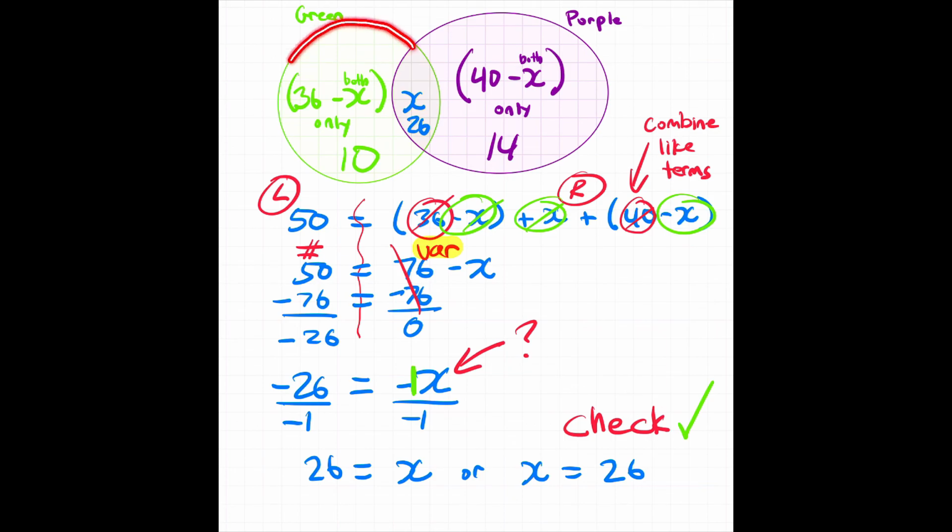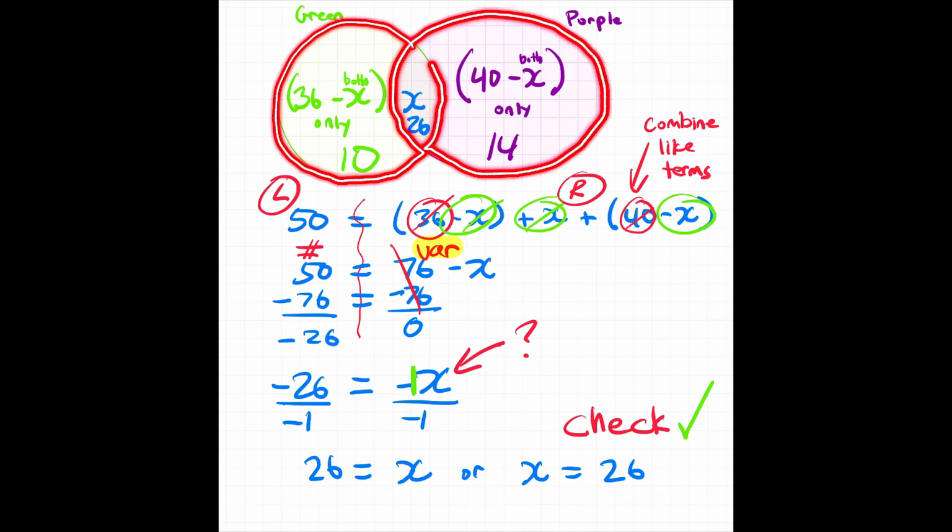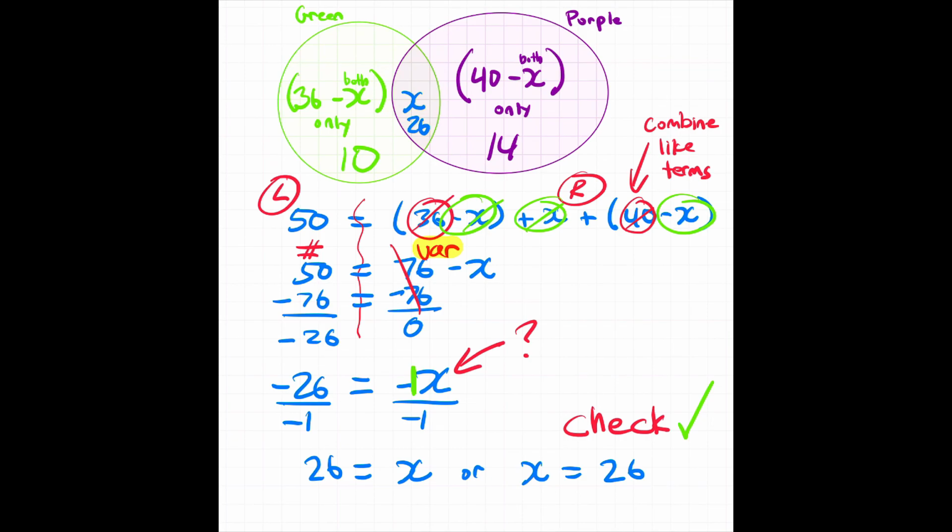We take the only on one side plus the only on the other side plus the both. So that is going to be 10 plus 14 plus 26, and that equals 50. So we know we're correct, and we're done this question.